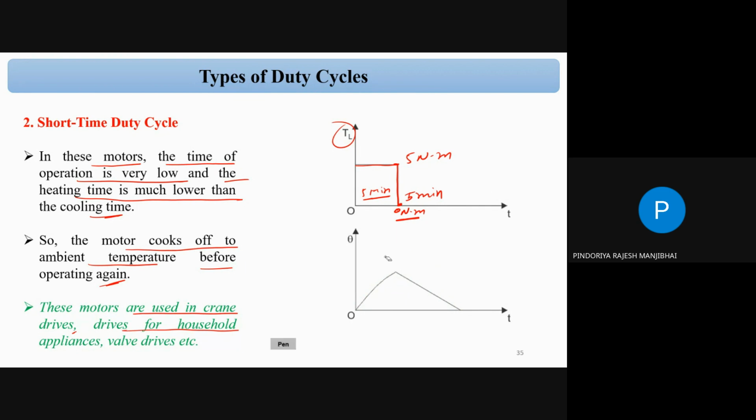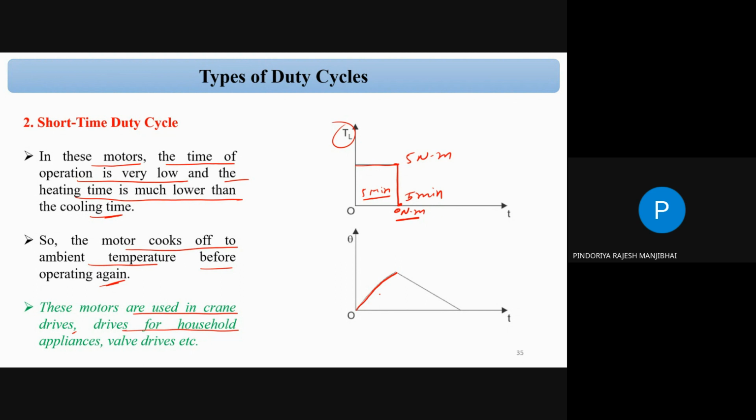Yeah. So your motor is operating, correct? You start your motor, and we have a copper wire. Once you pass the current through the copper wire, the temperature does not increase suddenly. Any material, not only copper wire, maybe aluminum, maybe iron, any material.